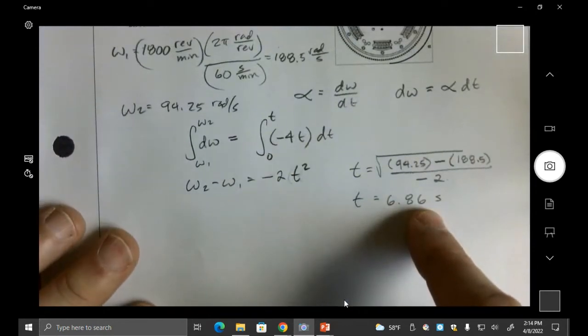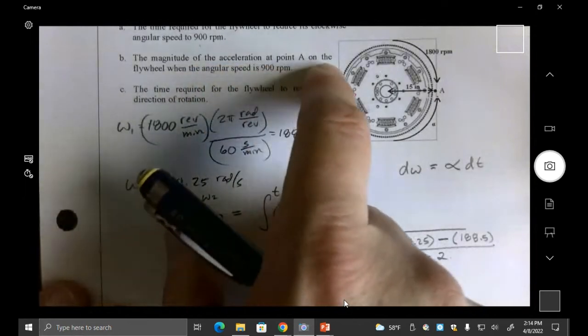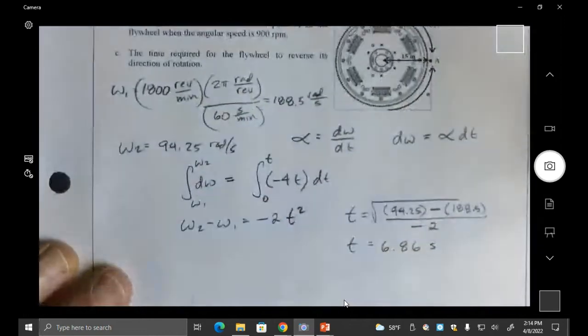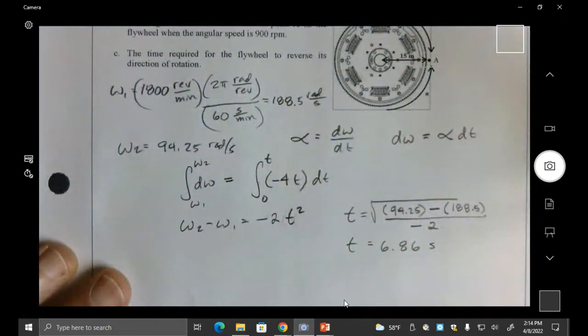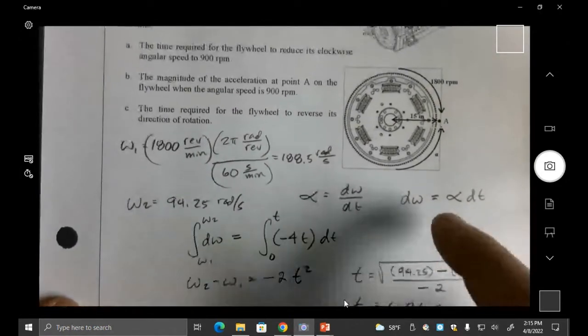So for part B, we want to find the magnitude of the acceleration at point A on the flywheel. For part A, I used omega equals omega naught plus alpha times t. I just plugged it in and solved for t, but that gave me a different answer. I'm wondering why that doesn't work here.